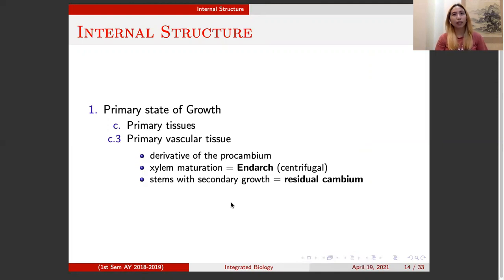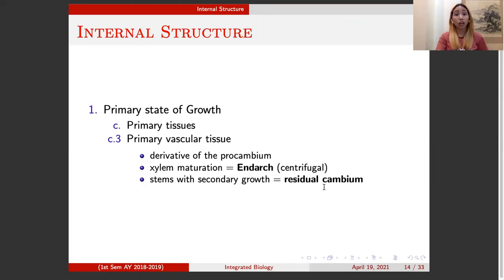In such a way that the procambium turns into what we call a fascicular cambium. So, from the transition from procambium to a fascicular cambium, there is a point in time when the procambium is called the residual cambium. Okay, so yun lang yung gustong sabihin nung slide na ito when it comes to the residual cambium.